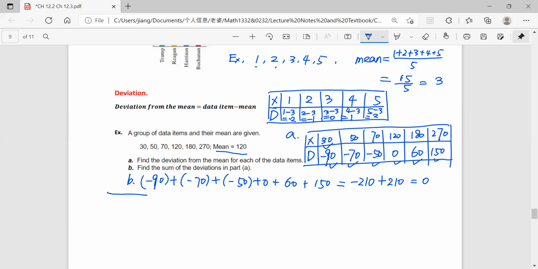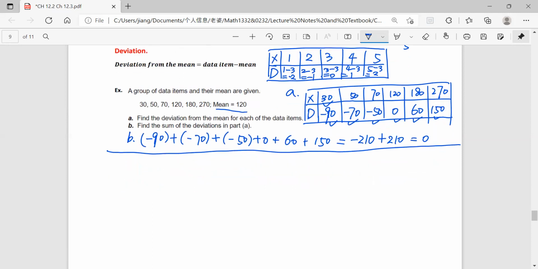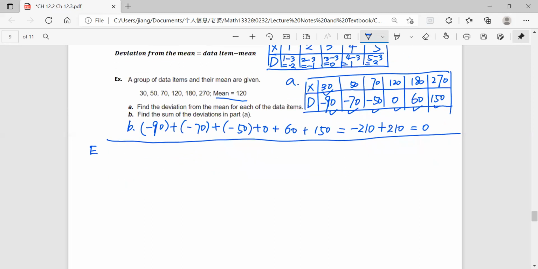So let me give you an example to understand the deviation. Let's say, for example, a restaurant, I use R to represent the restaurant. The restaurant wants to buy a cheese cutting machine.